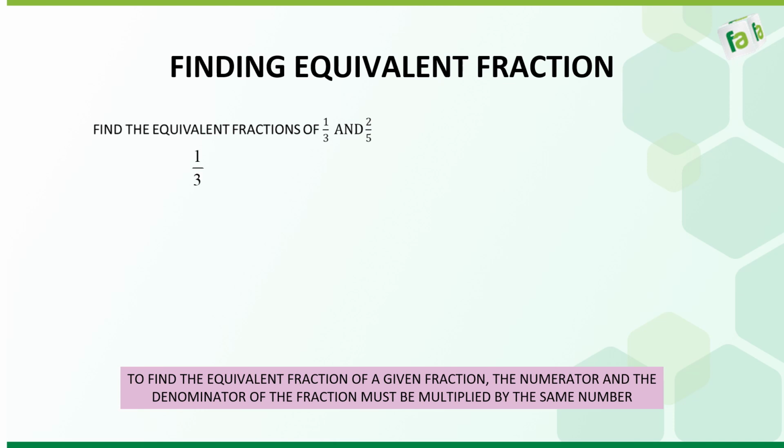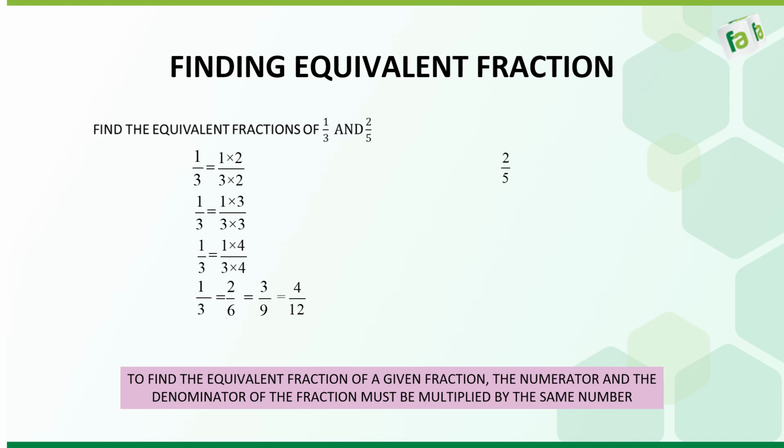So, 1 by 3 is equal to 1 into 2 divided by 3 into 2, and 1 by 3 is equal to 1 into 3 divided by 3 into 3, and 1 by 3 is equal to 1 into 4 divided by 3 into 4, which is equal to 1 by 3 equals 2 by 6 equals 3 by 9 equals 4 by 12.